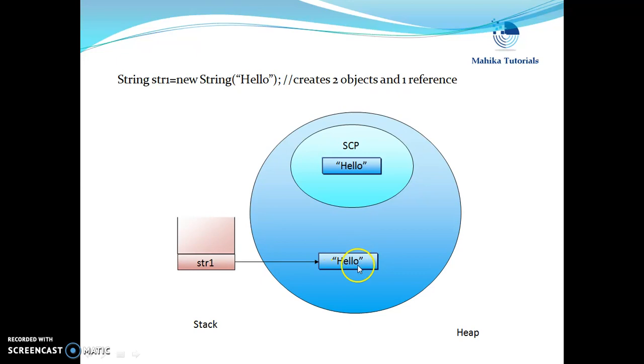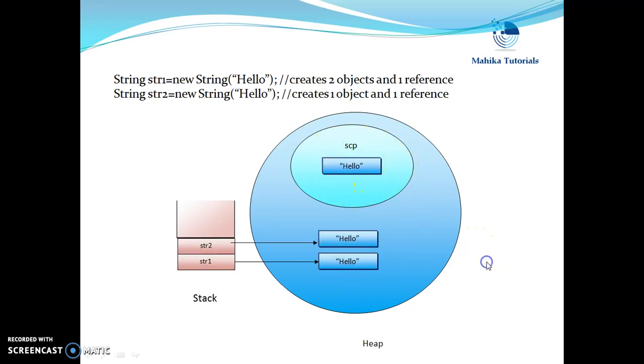After creating this object hello in the non-pool area, JVM will start a search in SCP for hello, and if hello is not there, hello will be placed in SCP as well. So when we are creating this hello string for the first time, it leads to the creation of two objects and one reference. One object is in the non-pool area and one is in the pool area.